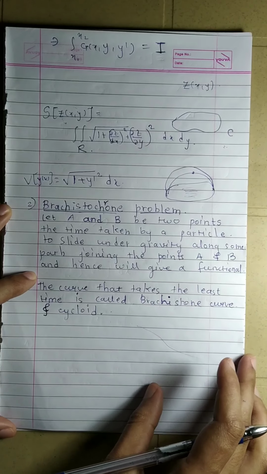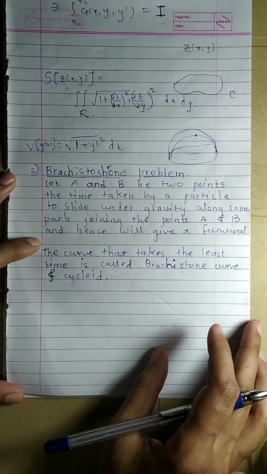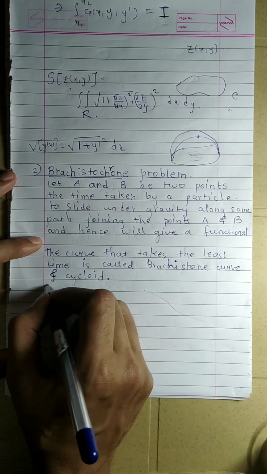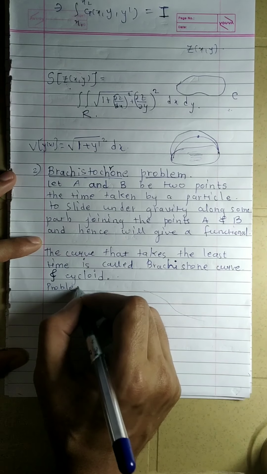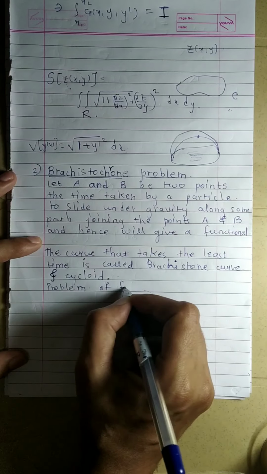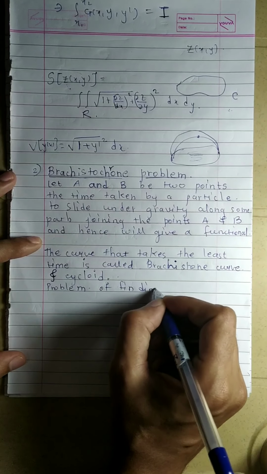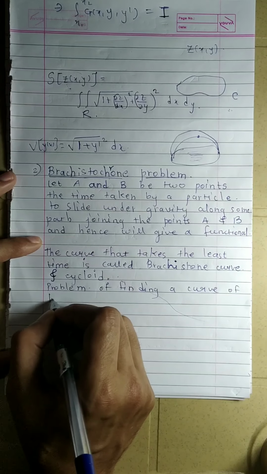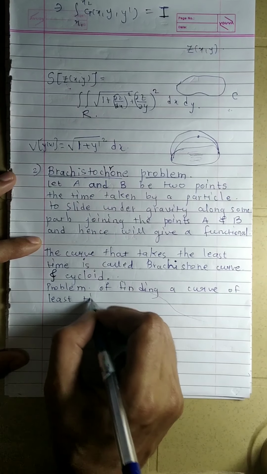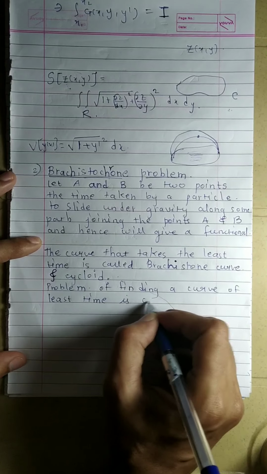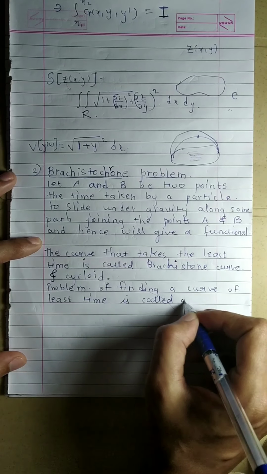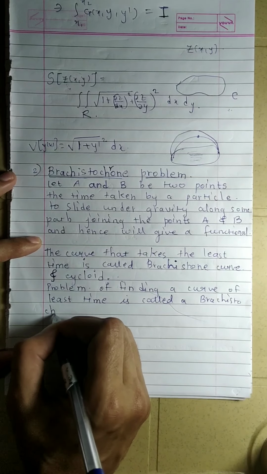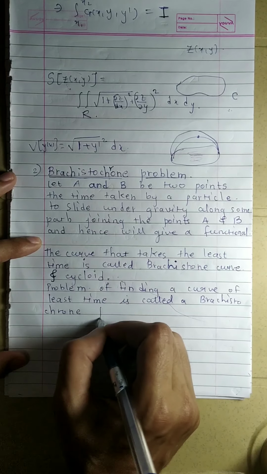This problem of finding a curve of least time is called a Brachistochrone problem.